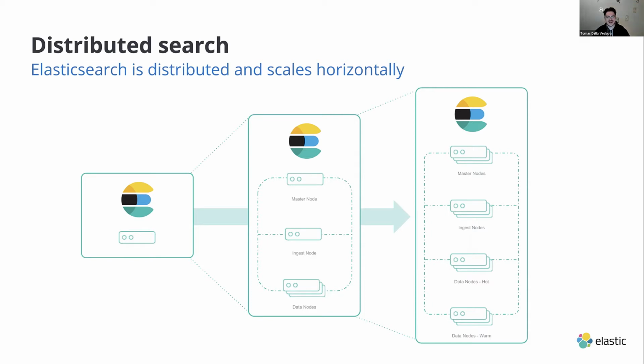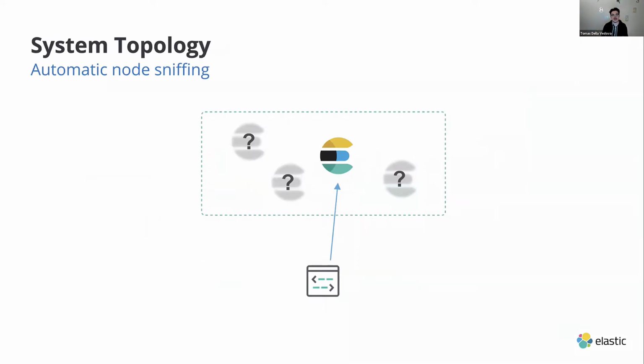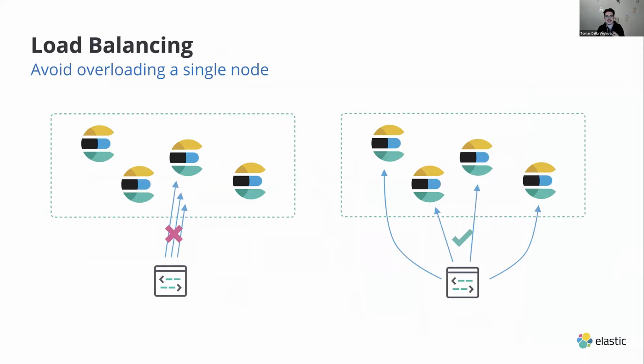So what the clients, all of them, not just the JavaScript one, are doing for you, given what I just said? Well, they offer an automatic node sniffing that you have to enable that allows us to know the system topology. And once we know the system topology of Elasticsearch, we can start load balancing the requests so we avoid the overloading of a single node, which is very, very useful for keeping your cluster healthy, even if Elasticsearch is already doing a lot of smart things behind the scenes to avoid this situation.